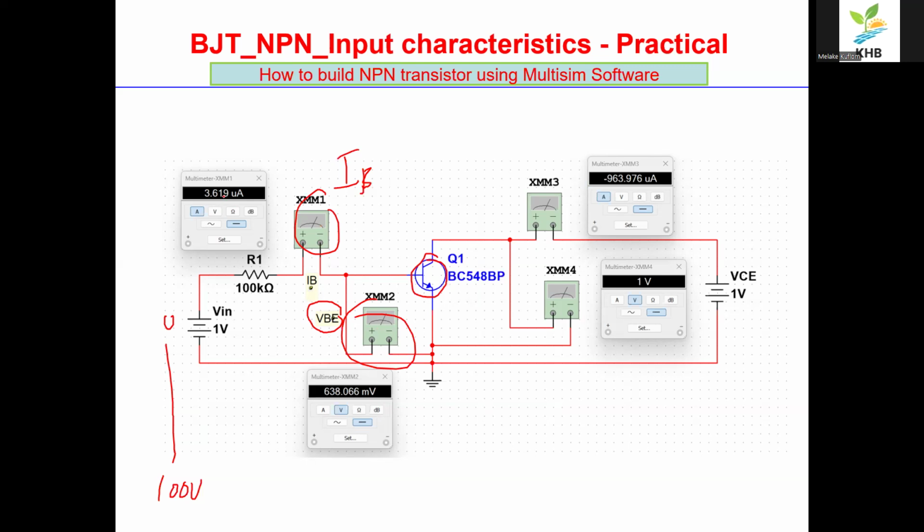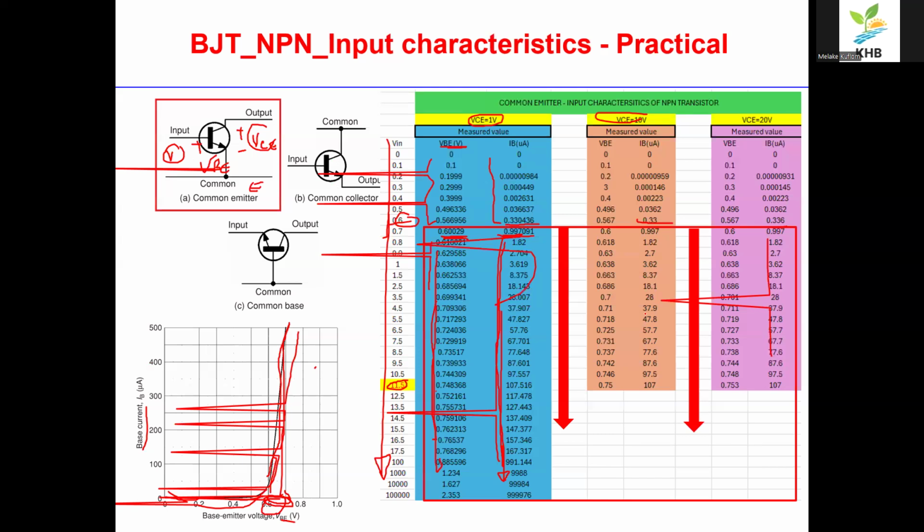This is IB, and this is just the voltage. And then in here, again the current in series, which is IC, and this is the voltage VCE. So this is the technique for how I measure these values.